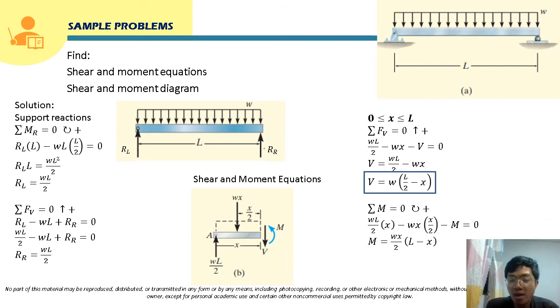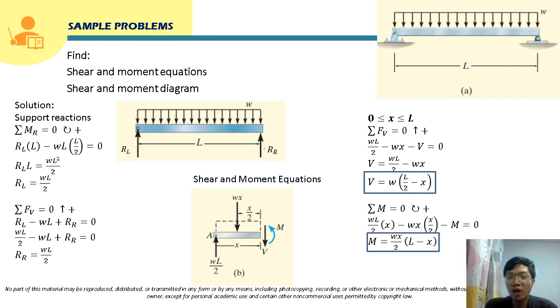So M is equal to WL over 2 times x, or WLx over 2, minus Wx squared over 2. And we can factor out Wx over 2. So factoring out Wx over 2, it will become Wx over 2 times L minus x. Class, this equation now will be the moment equation.